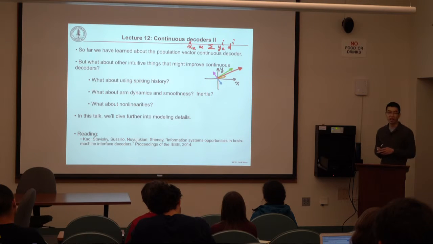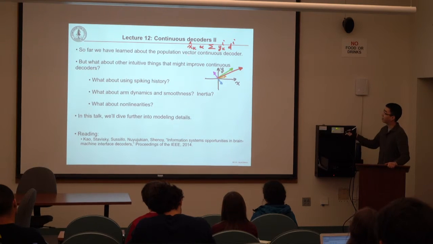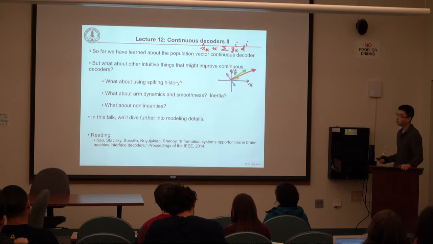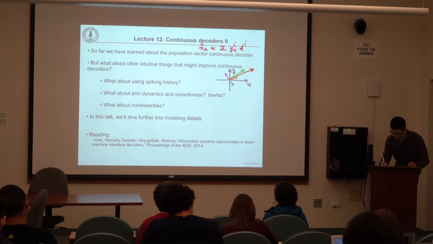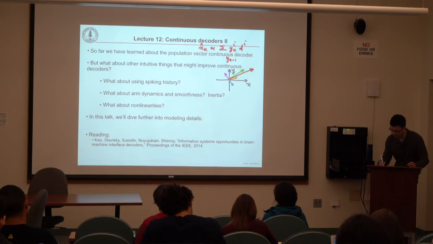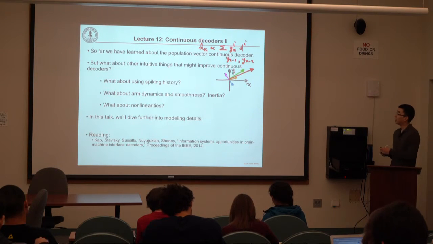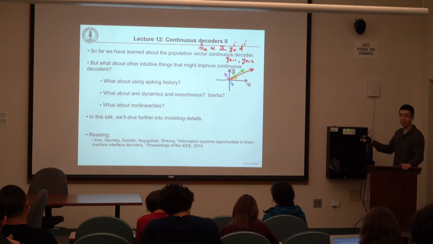One is that the kinematics at time k are a function only of the neural data at time k. But what about the neural data at time k minus 1, or at time k minus 2? Here, the differences between the k's are our bin width.